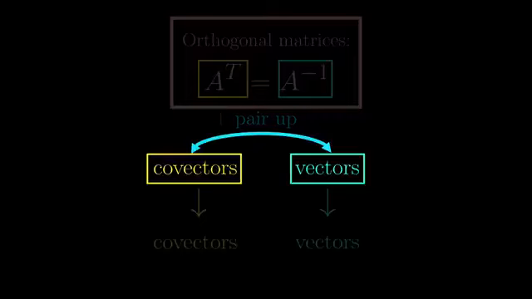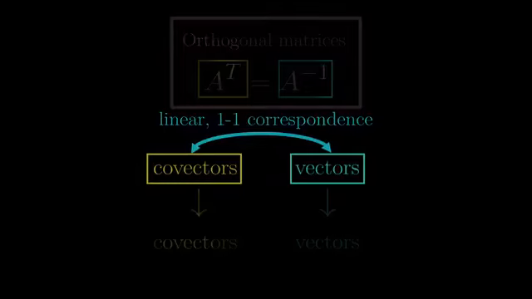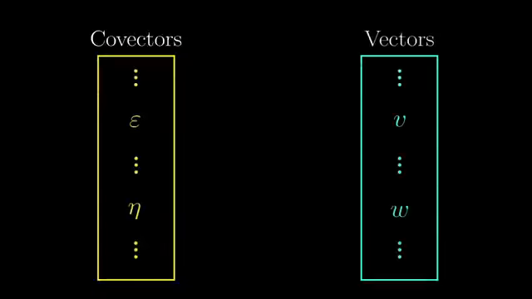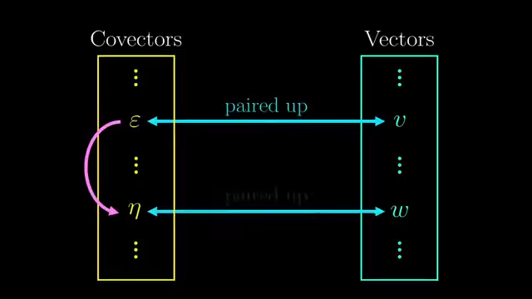A technical remark is that this has to be a linear correspondence, which our pairing is, but we don't have to go into the details of what linear means in this context. Let's list a bunch of vectors and covectors that we have. If a transformation transforms a covector epsilon to another covector eta, and epsilon is paired up with the vector v, eta with the vector w, then it looks as if v is being transformed to w.